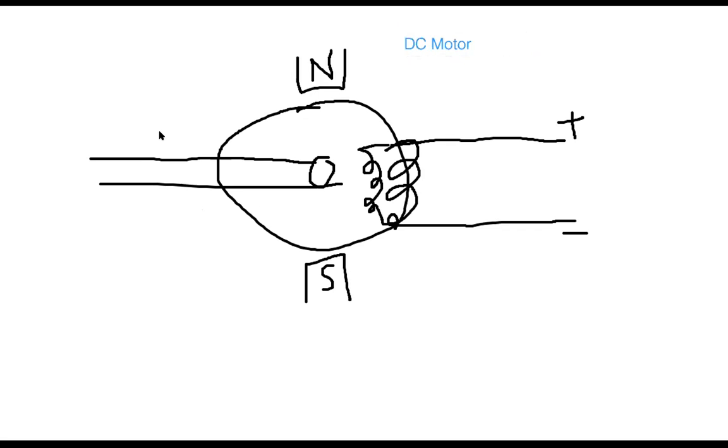We have to make it rotate. So that's why I'm not showing the direction yet. Because this is a DC motor, we have to apply the voltage. For example, we applied terminal voltage VT. Now you see this is the direction of the current flow, for example, IA.